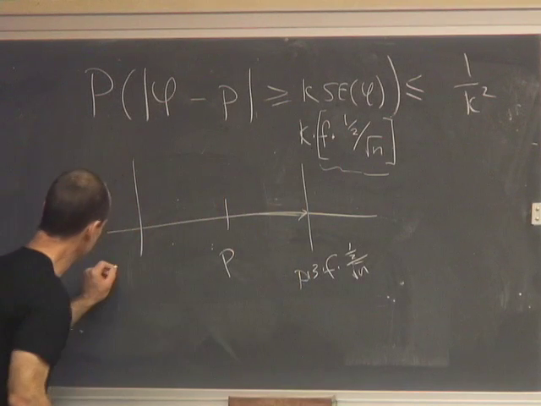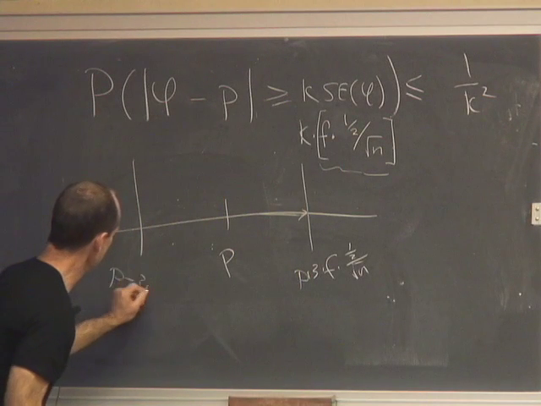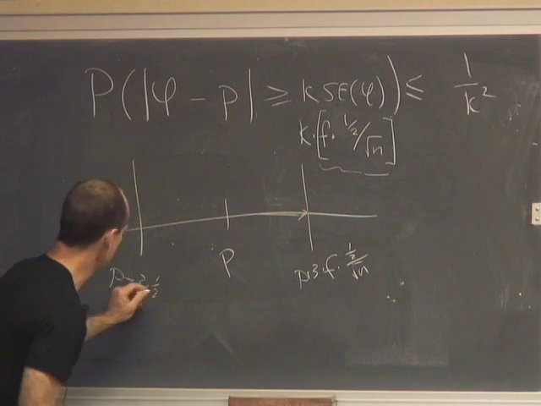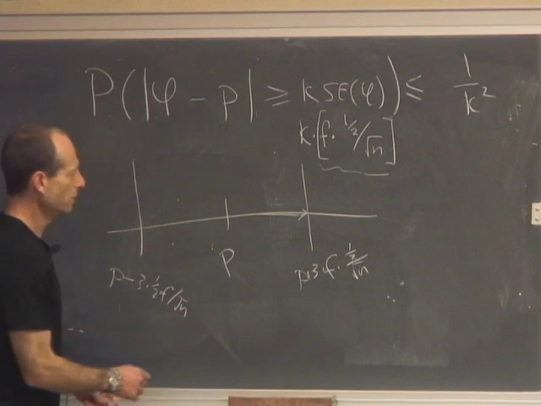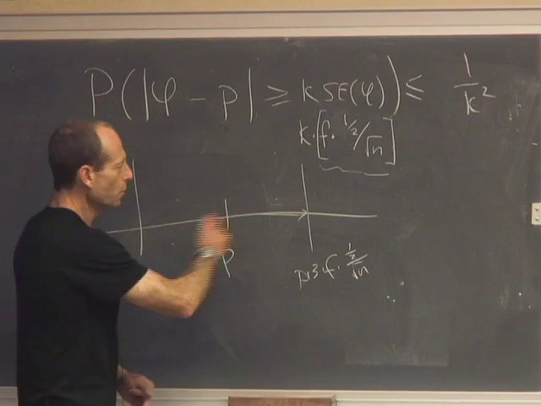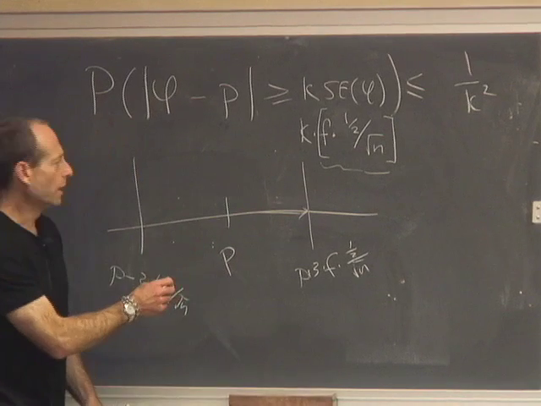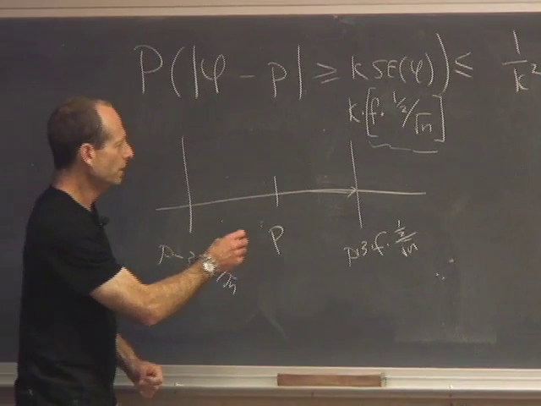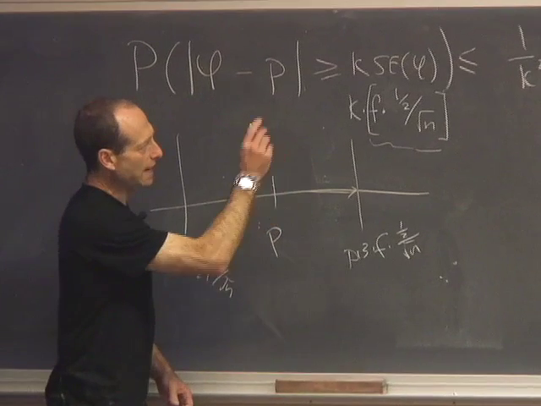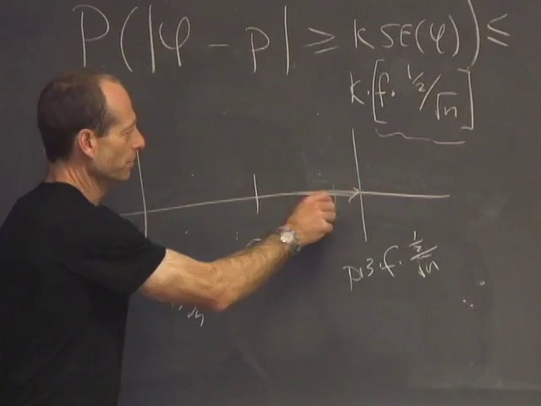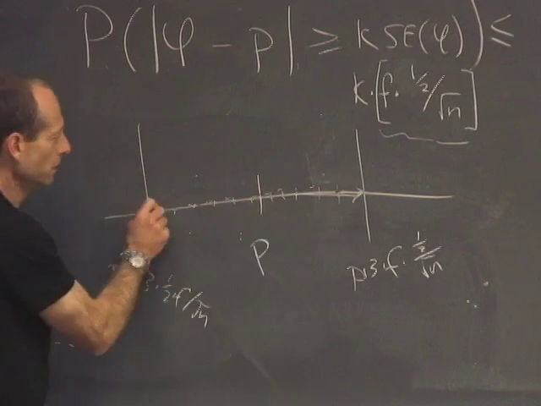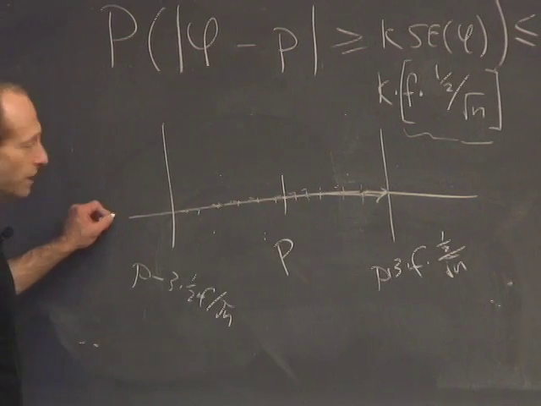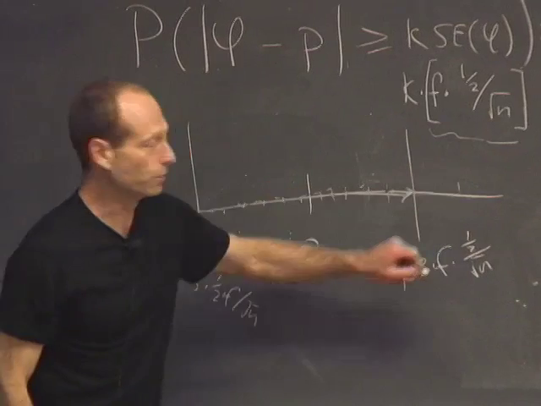And this is p minus 3 times a half, times f over root n. So what do I know? I know that 8/9 of the time, my sample value phi is going to be in here somewhere. And at most 1/9 of the time, it's going to be out here or up here.